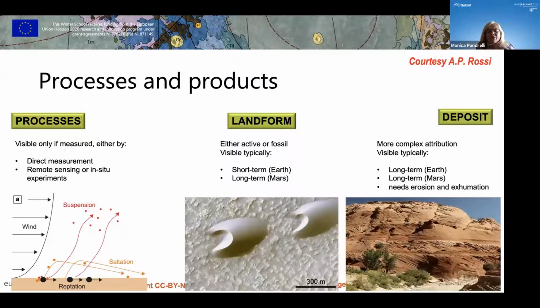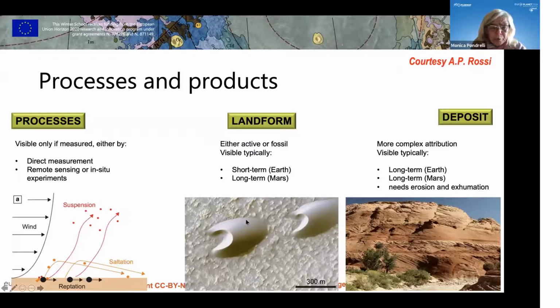In order to have deposition environments, the steps are these. We start with the processes of transport, which are aeolian processes and deposits. We have processes where clasts are transported by different means: in suspension, saltation, reptation.